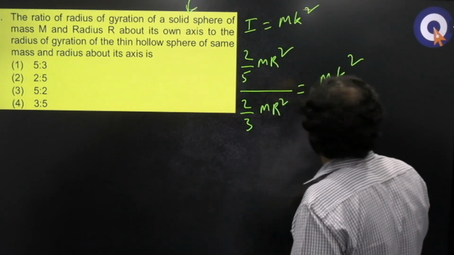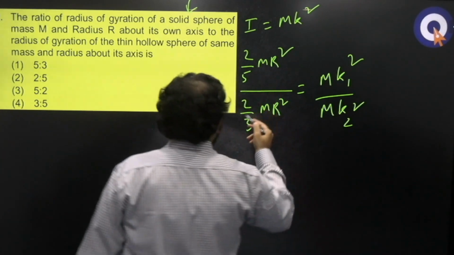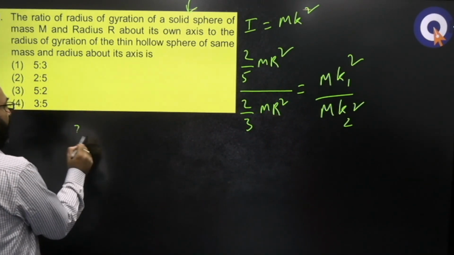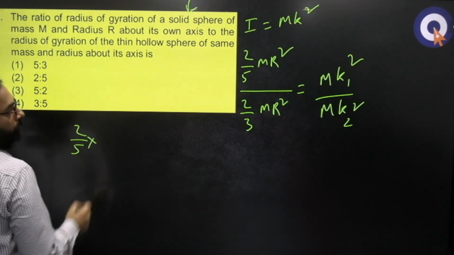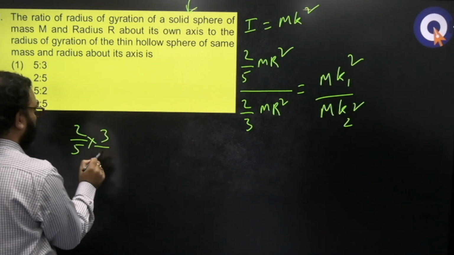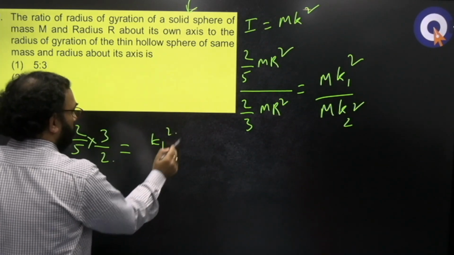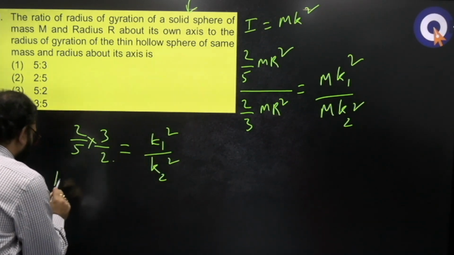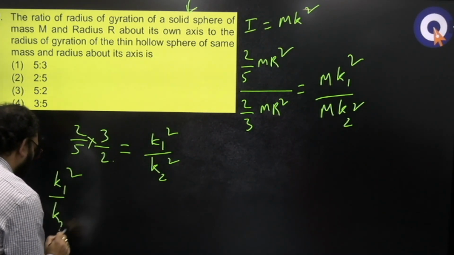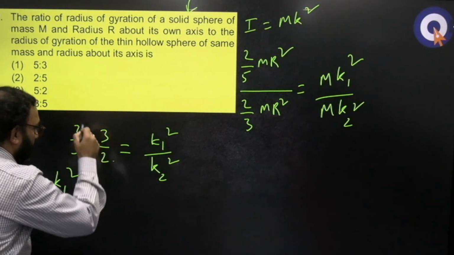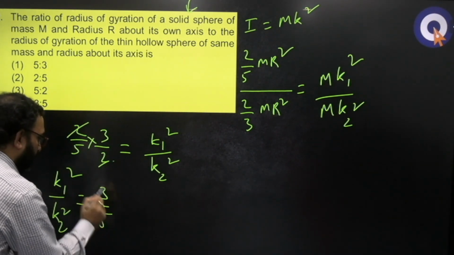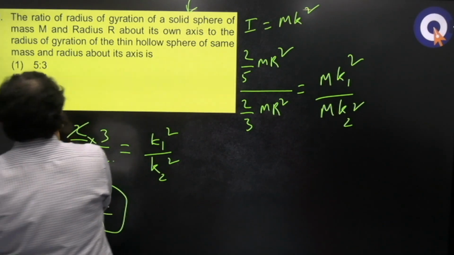If you simplify, 2/5 into 3/2, it is 3/5 on the left hand side. This is k1 square by k2 square, so 3:5. So the answer is the 4th.